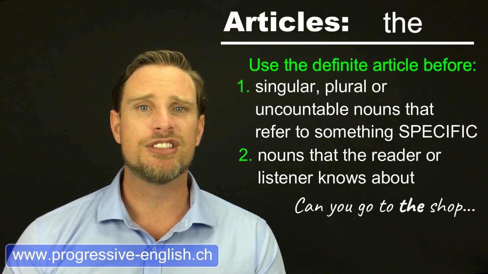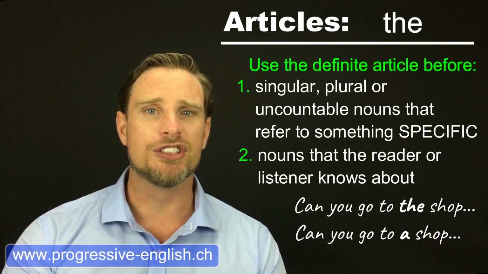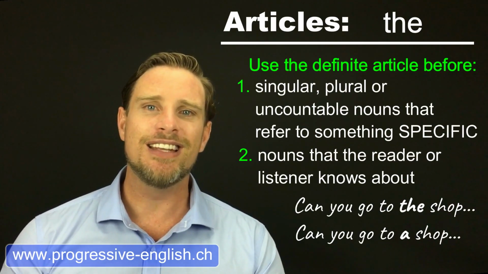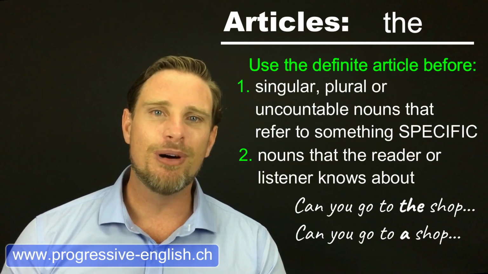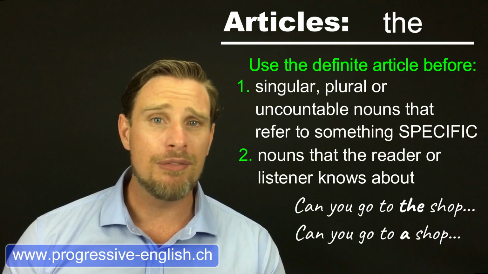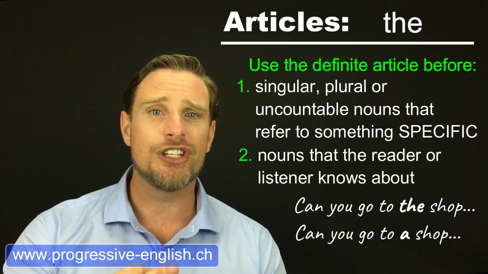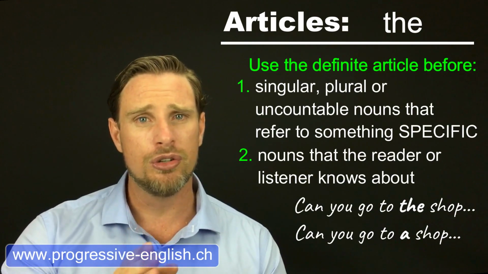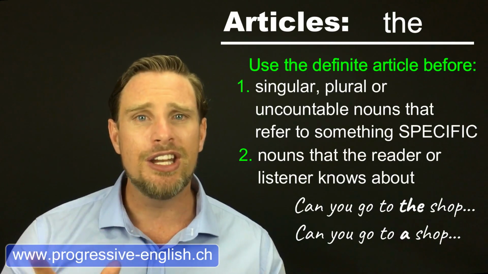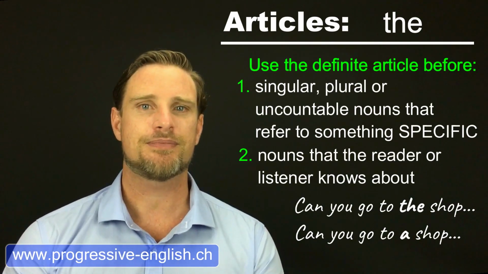If my wife says, can you go to our shop and buy some bread? This would mean any shop. Now she might say this to me if we are traveling, for example. So, because then we don't have a specific shop that we normally go to, my wife wants me to find any shop and buy some bread.